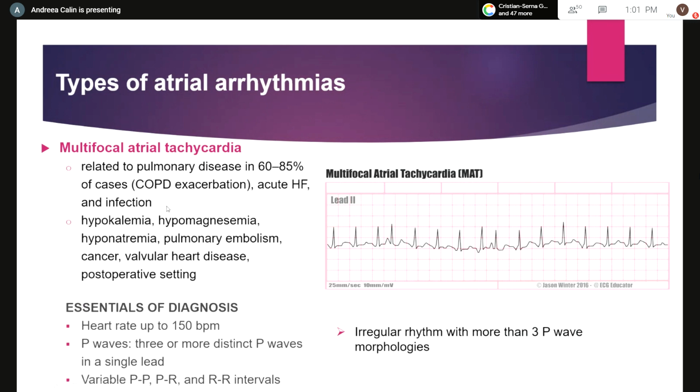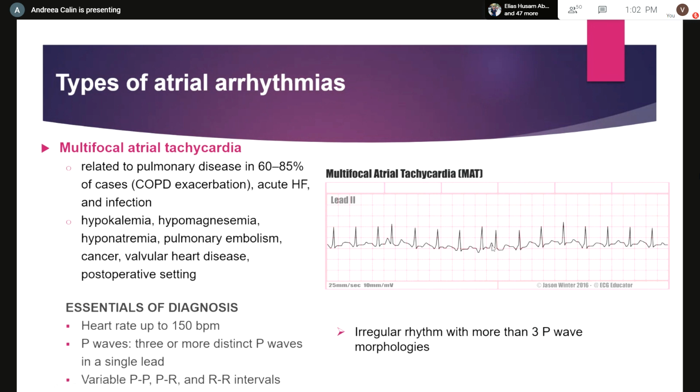And there is also one kind of multifocal atrial tachycardia that is mainly related to pulmonary disease and COPD exacerbation and acute heart failure, and may be provoked by some external factors like pulmonary embolism or valvular heart disease, or in conditions of hypokalemia. The heart rate goes up to 150 beats per minute. There are three distinct P wave morphologies in a single lead, like in this case.